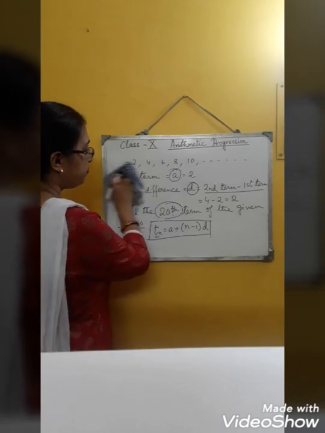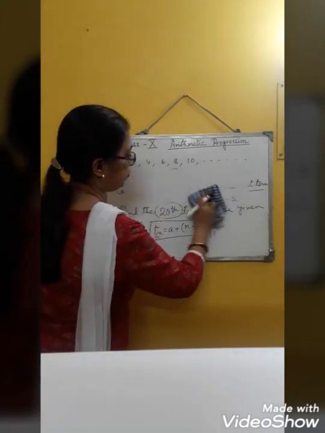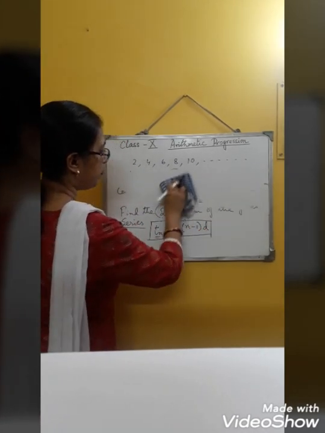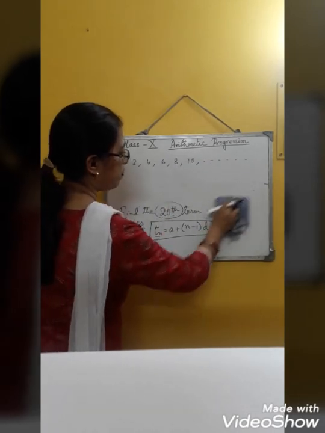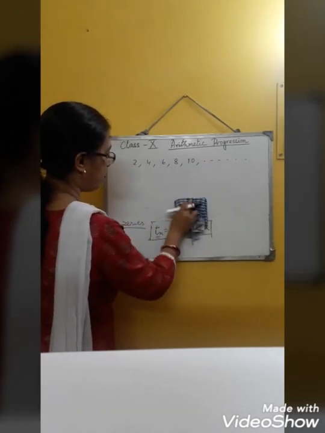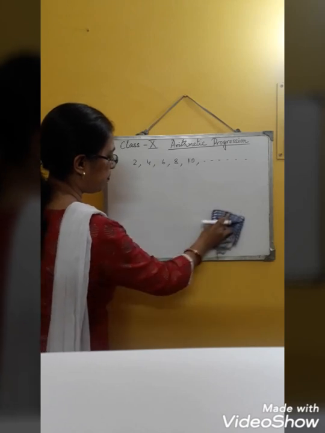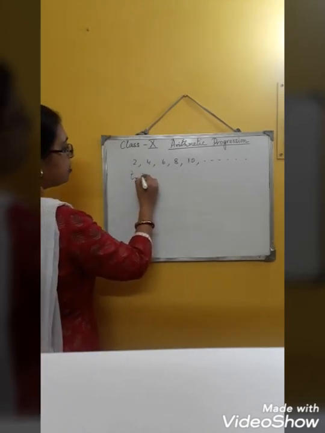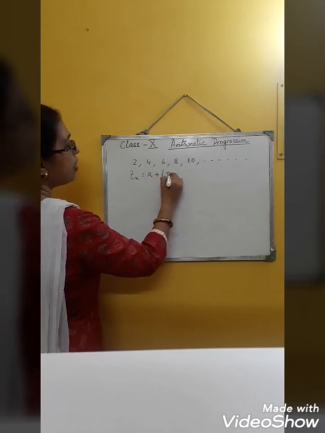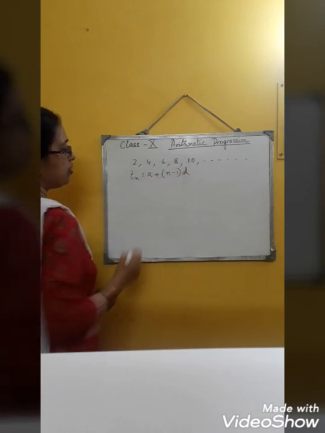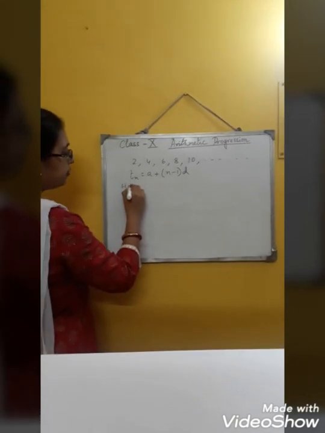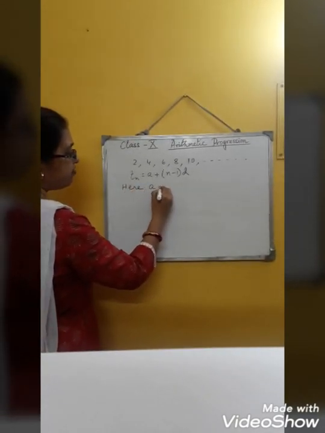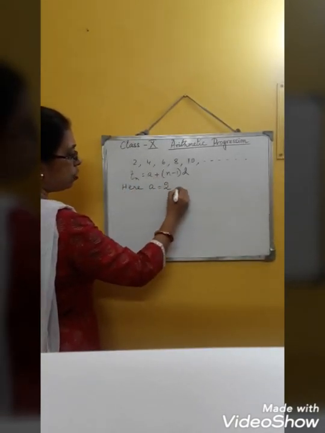So here Tn is equal to A plus n minus 1 into D. Here A, that is the first term, is 2.